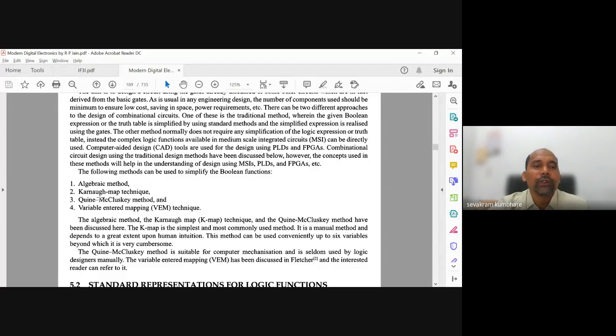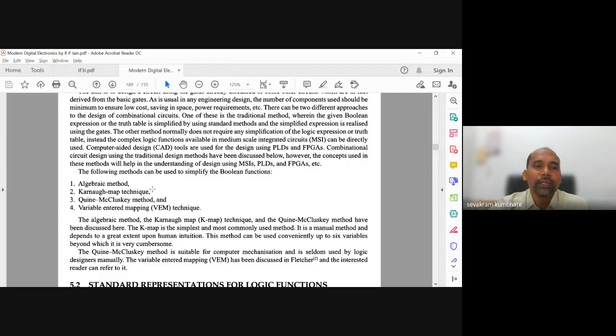In this unit, we are going to see the Karnaugh map technique. Quine-McCluskey and variable entered mapping are not in your curriculum, but if you are interested you can see these two also.